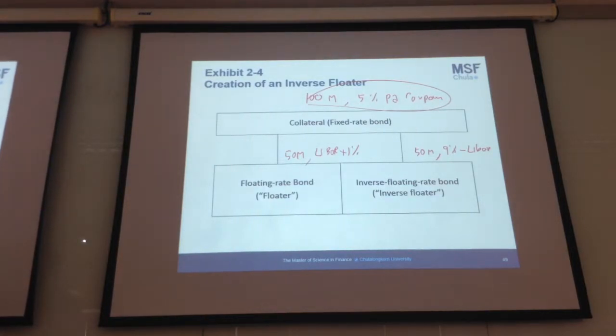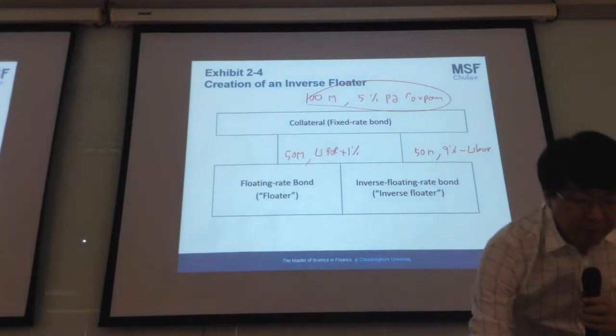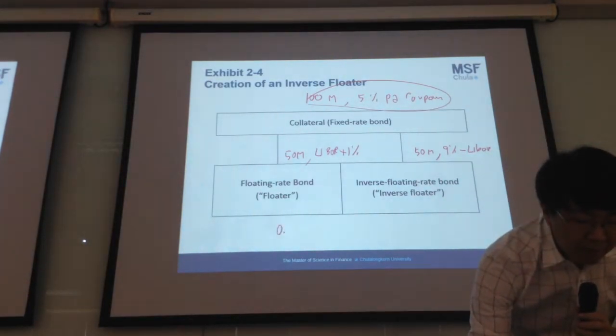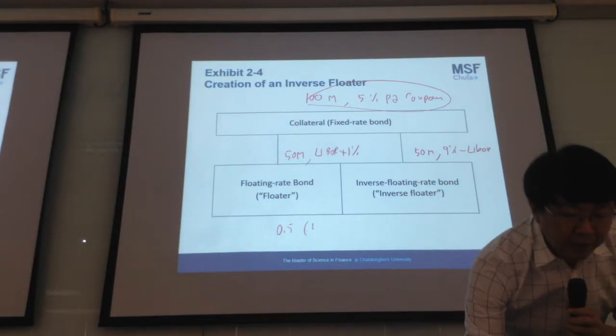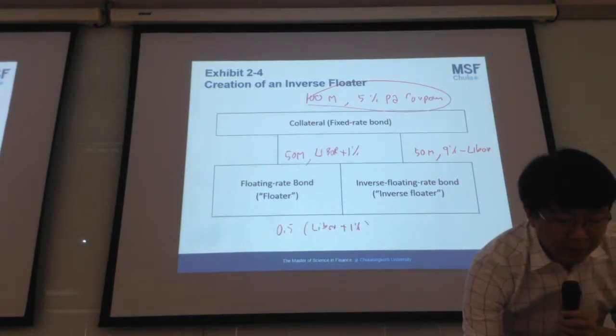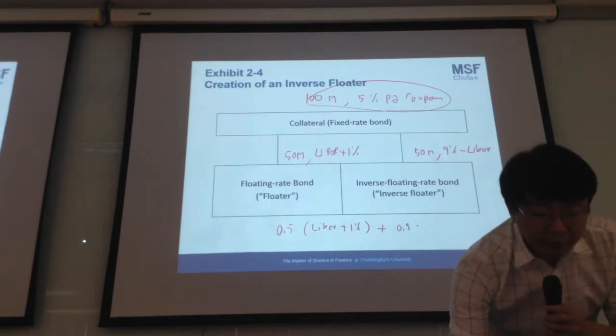Now look at the coupon that you have to pay for each period. You receive a 5% coupon from the fixed rate bond, and then you have to pay 50 million, which is equal to 0.5, 50 million over 100 million is 0.5, multiplied by the rate, which is LIBOR plus 1%, plus 0.5 times the inverse floater, 9% minus LIBOR.